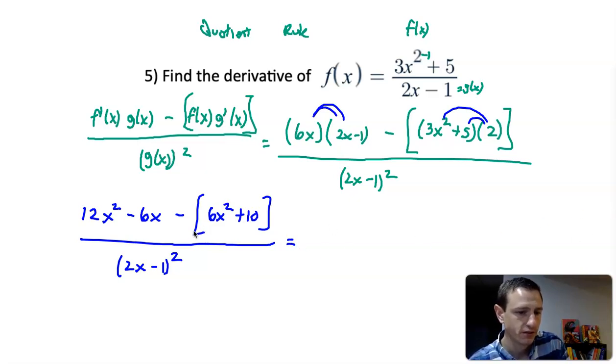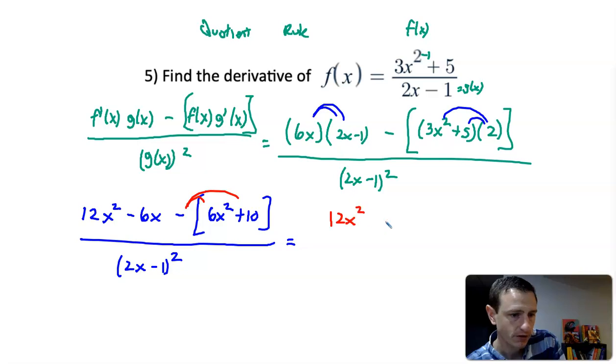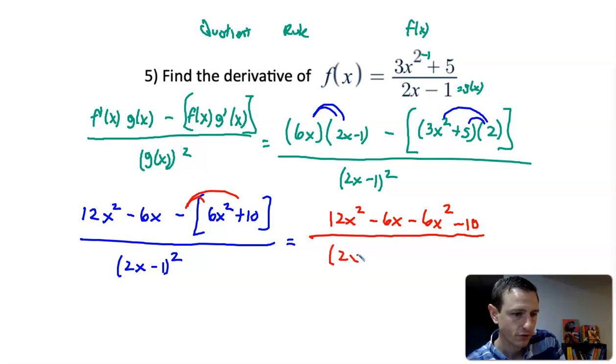In most cases something might work out, or we just leave it as is and nothing really simplifies, but just keep going. I'm going to subtract off. So I'll have 12x squared minus 6x minus 6x squared minus 10, all over 2x minus 1 squared.